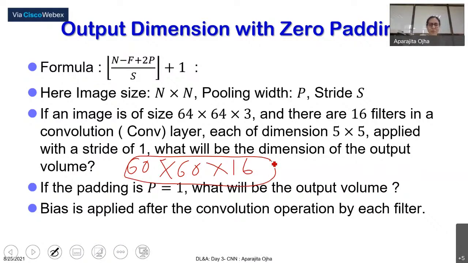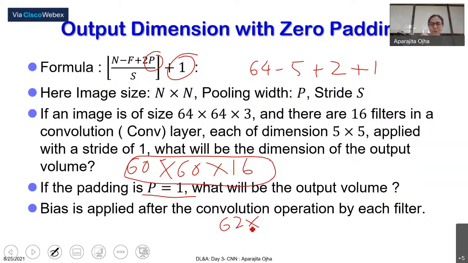That was the output. If you have added a pad of 1 on both sides, then this becomes 2. So you will have 64 minus 5 plus 2, and then because the stride is 1, plus 1 is added. So you can see that in this case, you have 59 plus 3, that is 62 cross 62 cross 16.